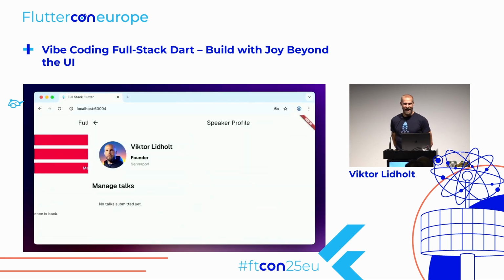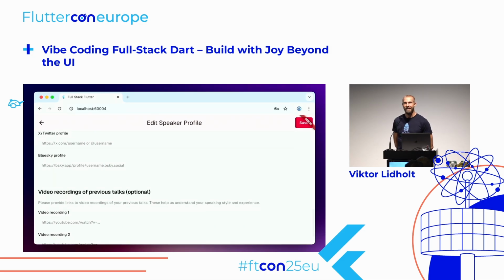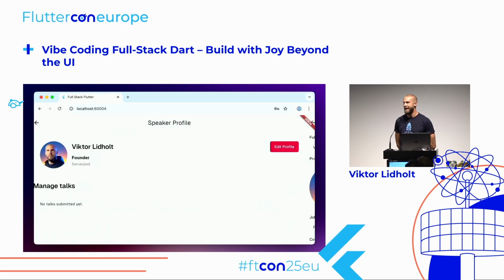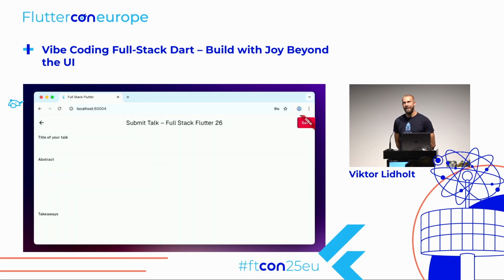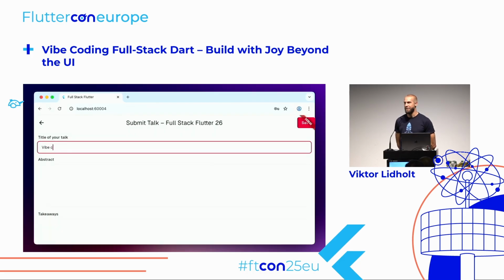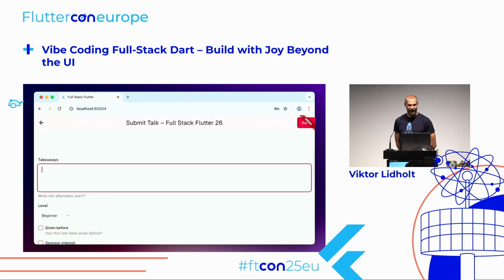The next thing I've been doing is we're going to host a full stack Flutter conference online, probably in February. And we did it a year and a half ago, and it was so much work, we did it with Google Forms and stuff. So I'm basically vibe coding a conference app, and that's easier.